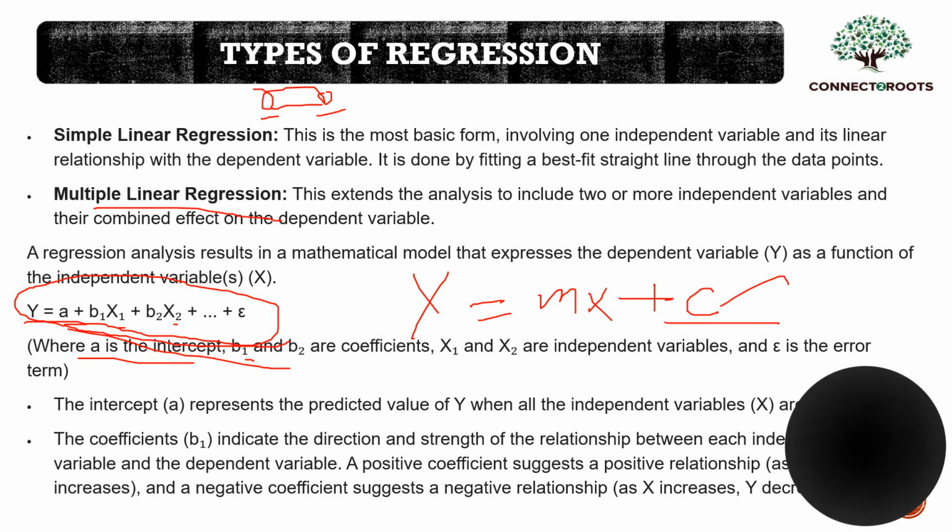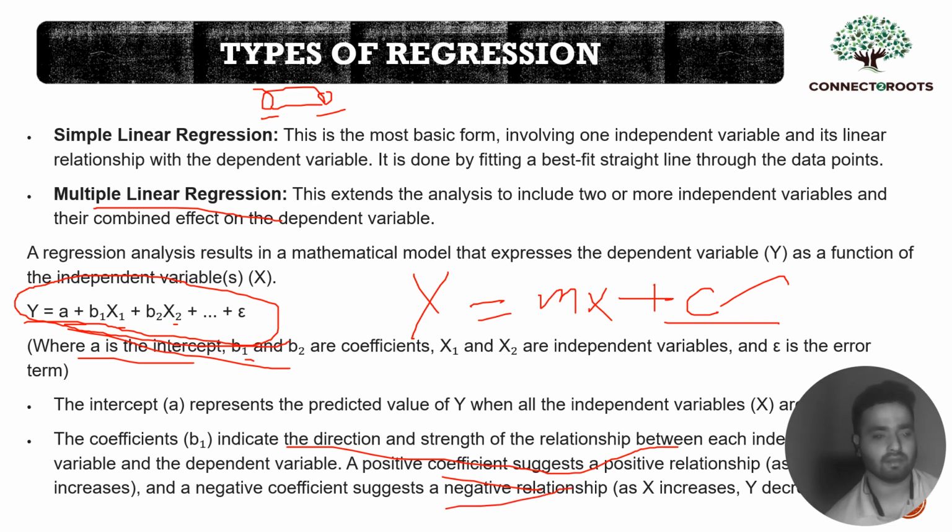This shows the strength of the relationship between the independent variable and the dependent variable. A positive coefficient suggests that if X increases, Y increases, whereas a negative coefficient shows a negative relationship: as X increases, Y decreases.